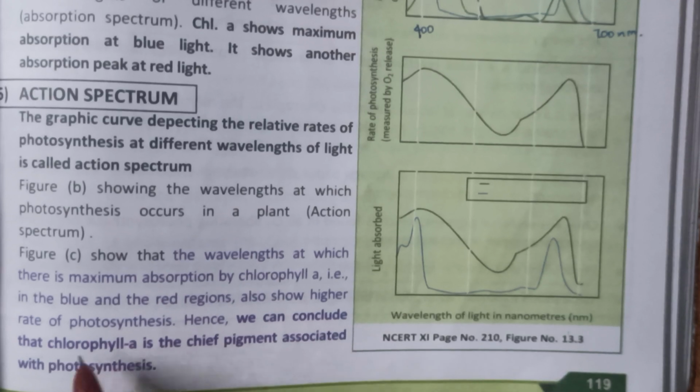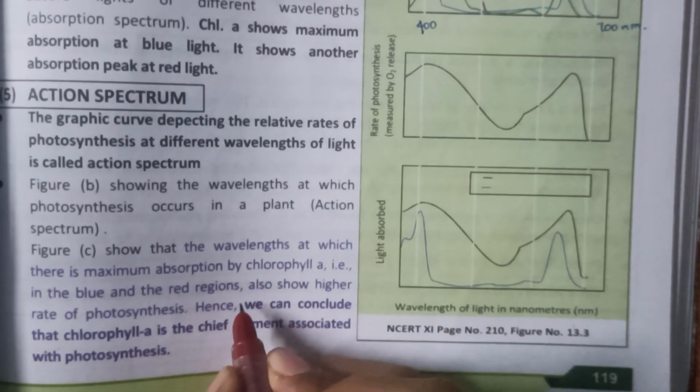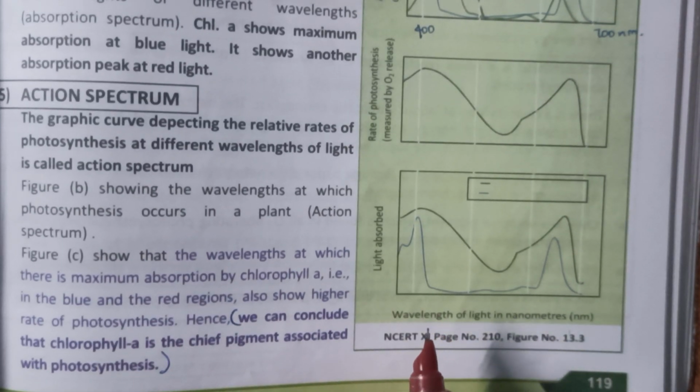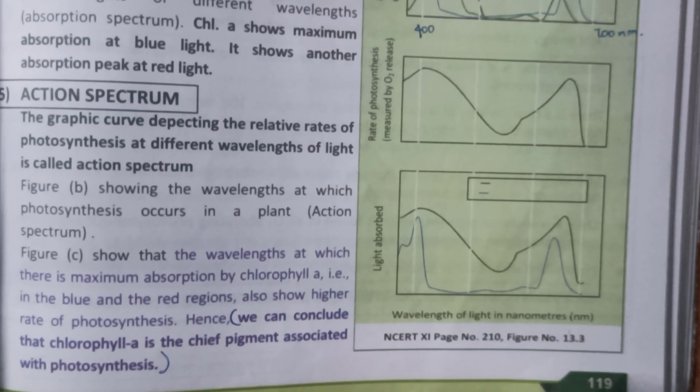Hence, we can conclude that chlorophyll A is the chief pigment associated with photosynthesis. This is very important.